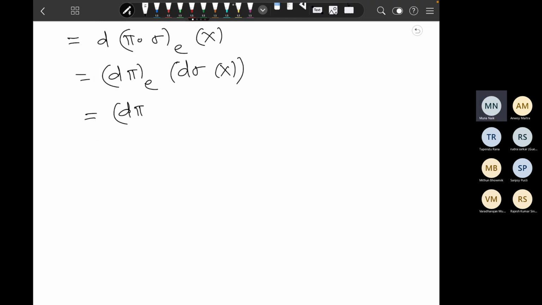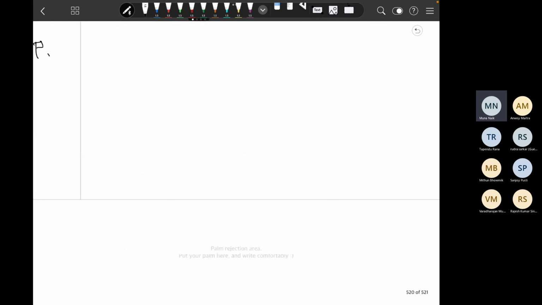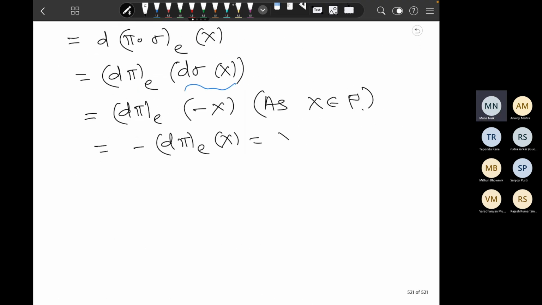So d pi at e of this thing is minus x, as x belongs to p. This is really minus of d pi at e of x, and this d pi at e of x is really y. So you do that, so this is minus y.